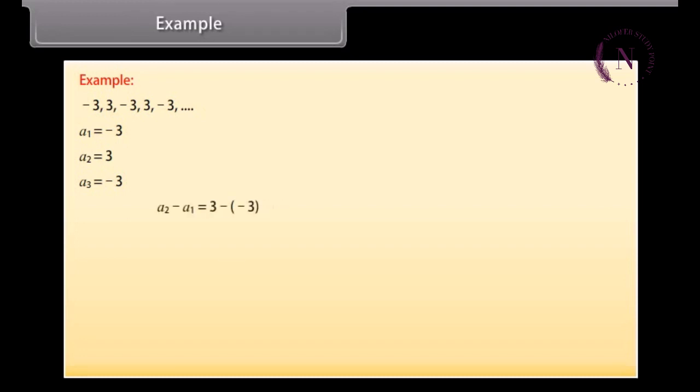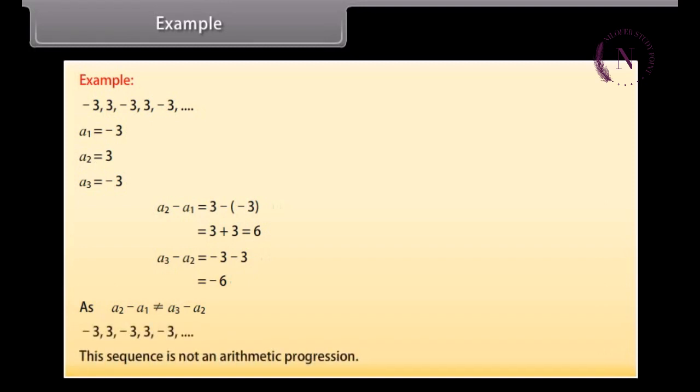Now let's find a2 minus a1, which is equal to 3 minus (minus 3), which is equal to 3 plus 3, which is 6. Also, a3 minus a2 is equal to minus 3 minus 3, which is minus 6. As a2 minus a1 is not equal to a3 minus a2, the given sequence is not an arithmetic progression.